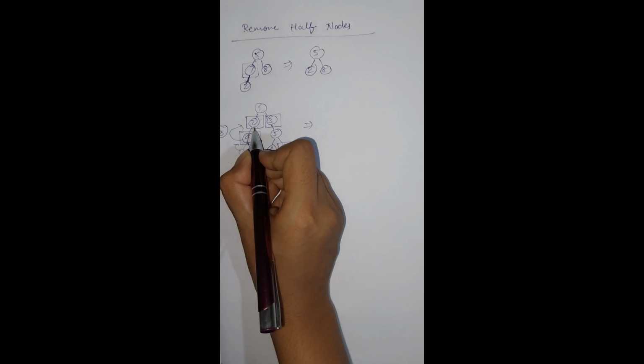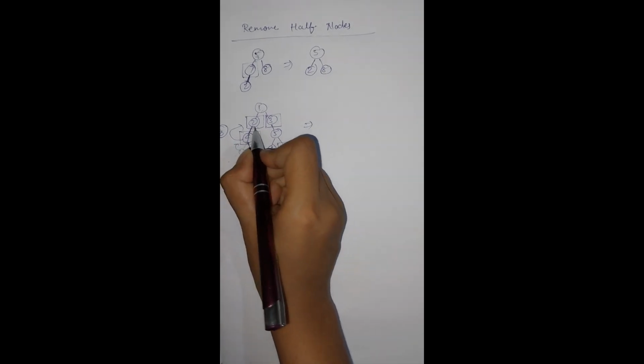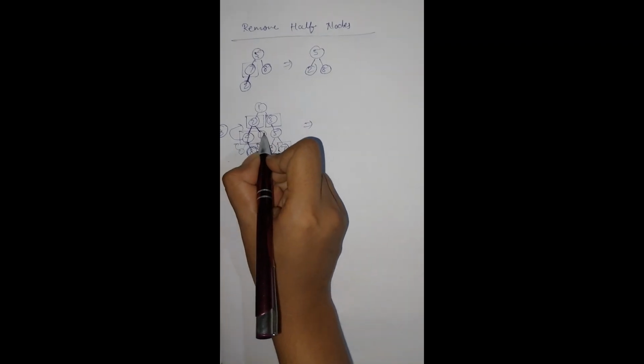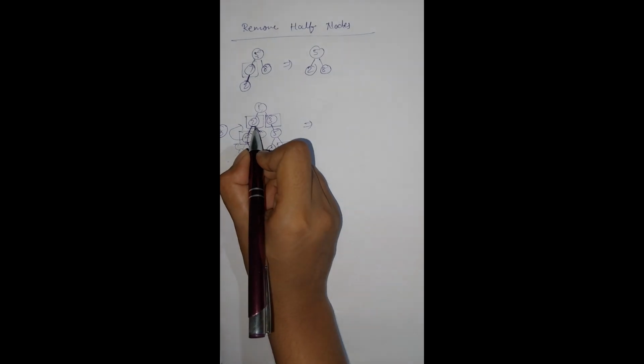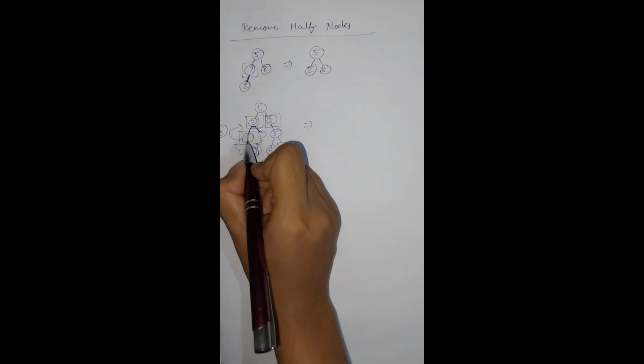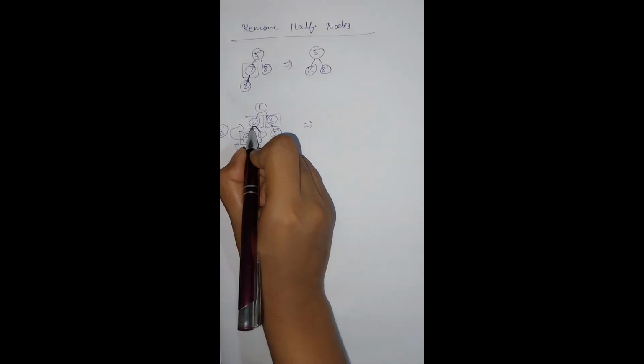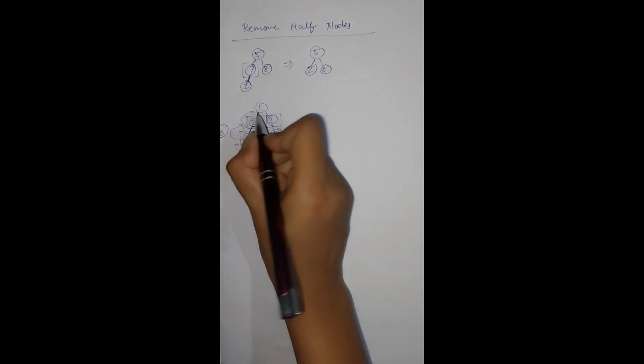Now 2 will check, 2 has checked its left subtree. Now it will check the right subtree. Right subtree is null, so it is a node which is to be removed. So it will return the value it gets from its child node. It got 8, so 2 will return 8 from here.